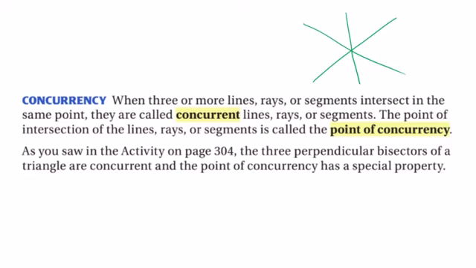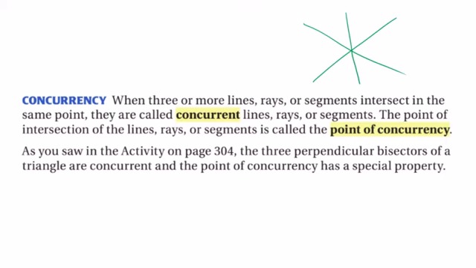They have some requirements in order to draw them. I need them to be perpendicular and I need them to bisect. In the next couple of sections, we're going to talk about angle bisectors and medians and altitudes. Those all have different requirements in order for me to draw those in there.